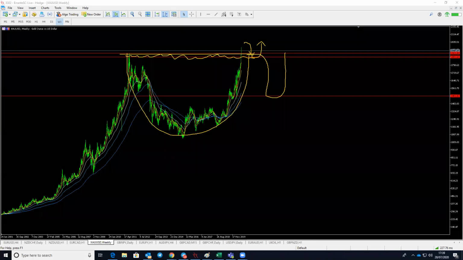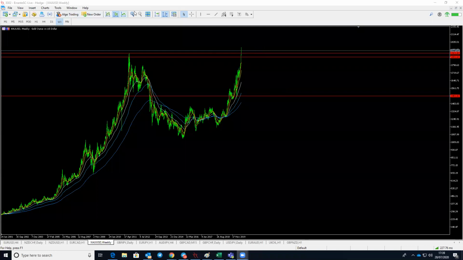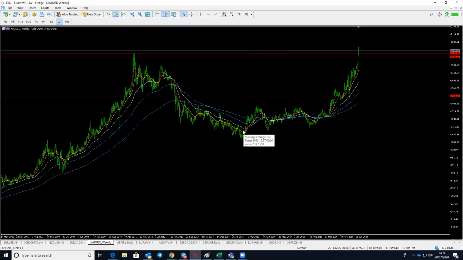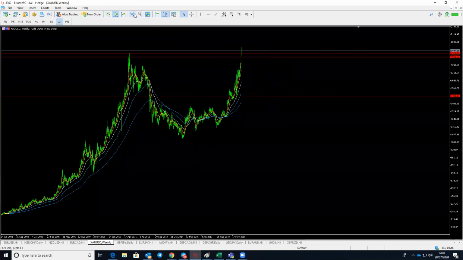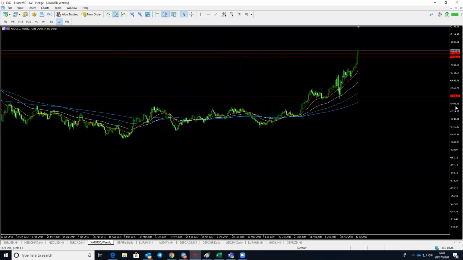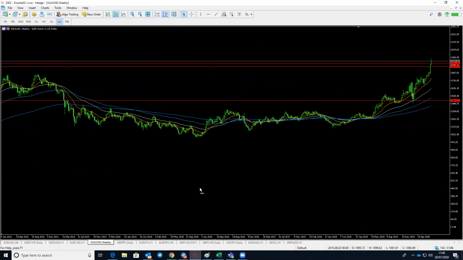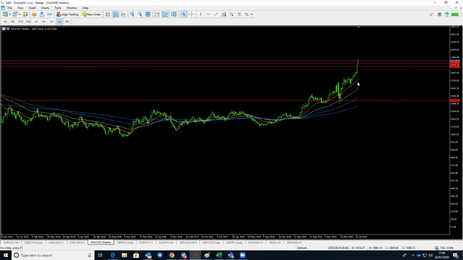Let me just clear all the drawings. So here on the weekly, because the weekly has a very clear chart, but I'm not saying that I'm basing on the weekly because I trade the weekly. No, I'm just giving you the big picture first because it's really clear on the weekly chart that cup and handle. But as we go up this way, it usually should be reversing there.